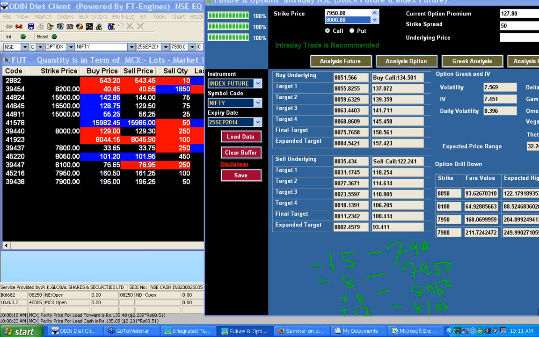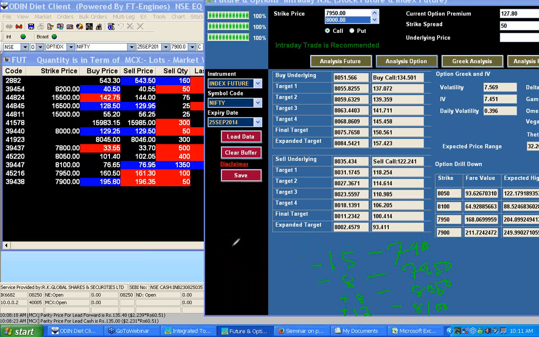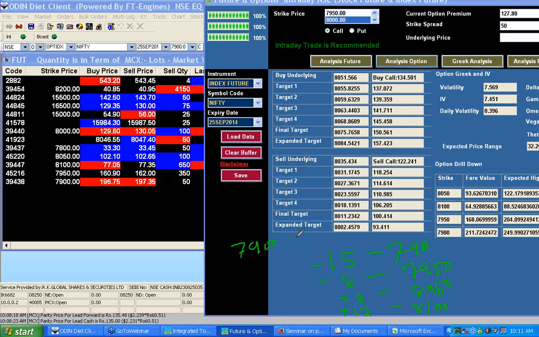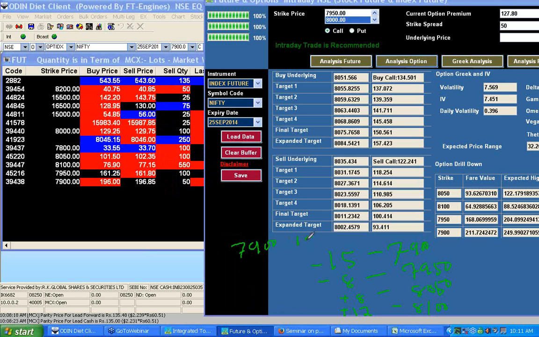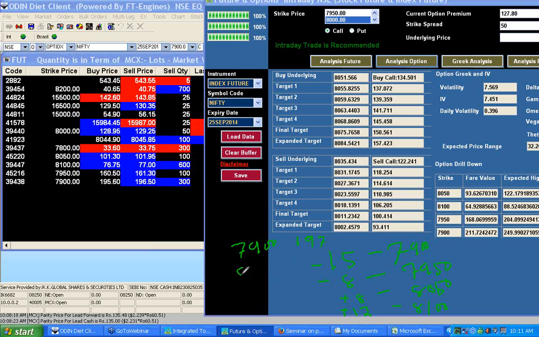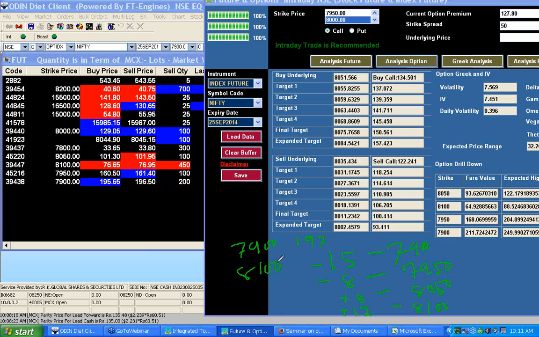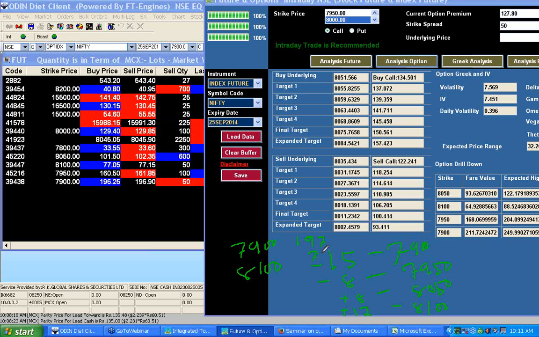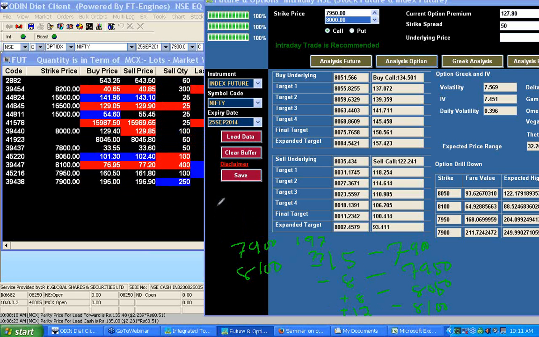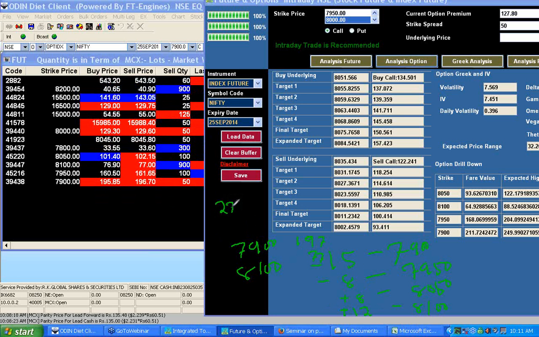If you want to make a good gain from this trade, think of buying the 7,900 call option at 197 and selling the 8,100 call option at 77 or 76, whatever may be. So this trade has the potential to give you 27 points of arbitrage gain.